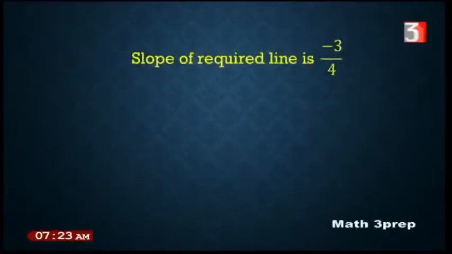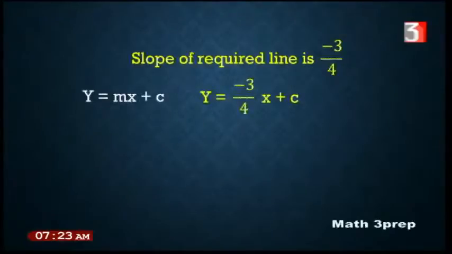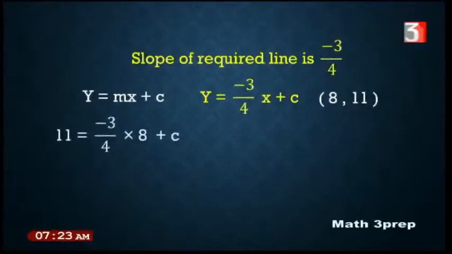Then what about the equation of the straight line? That's correct. y equals mx plus c. So y equals -3/4 x plus c. By substituting with a point through which the straight line passes, which is (8, 11), so by substituting the value of x as 8 and the value of y as 11, it is 11 equals -3/4 times 8 plus c.